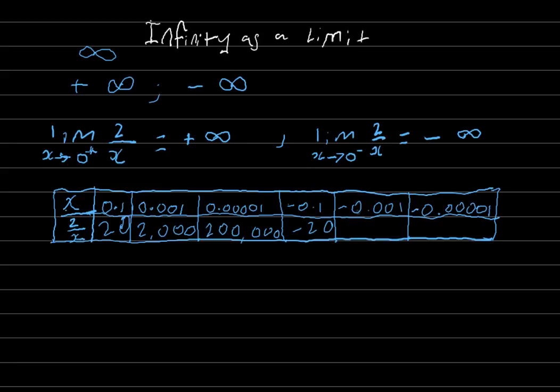If we input negative 0.001, we are going to have negative 2000. And if we input this last value, we are going to have negative 200,000. We can see that once you input a negative value here, you are going to have an increasing value over here, but it's going to be negative. So we tend to have a negative infinity as we tend towards 0 from the left hand side.